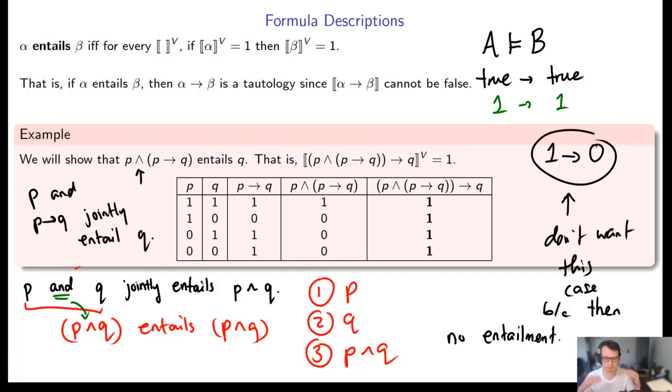But instead of giving you one, it's sort of like taking two sentences and conjoining them into one. The first way I showed you, P and P arrow Q entails Q in the first line, that's like a conjunction in the sentence. While the second line that I just wrote, P and P arrow Q jointly entail Q, that's like saying two separate sentences entail Q.